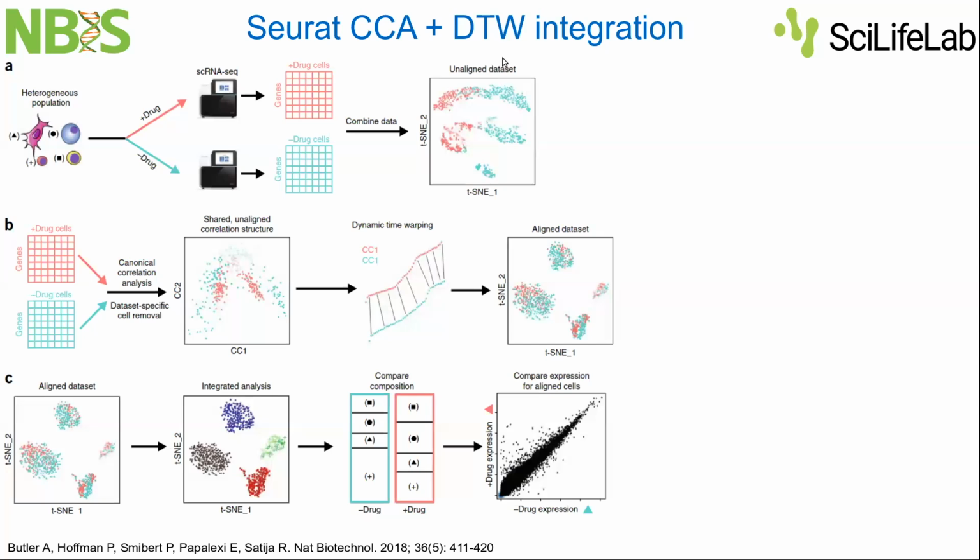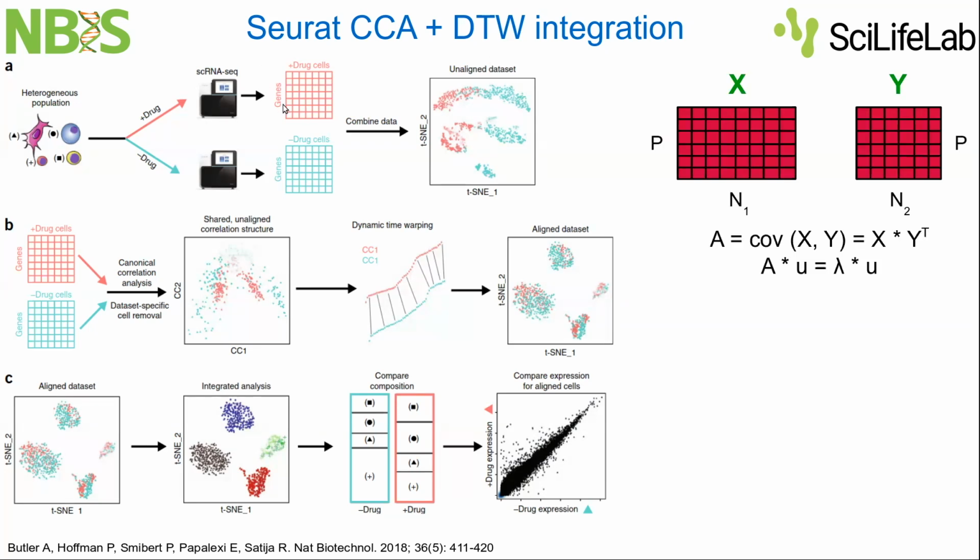And I add canonical correlation analysis plus dynamic time warping, because dynamic time warping was an essential step there. Essentially, what Seurat suggested is, if you have two matrices, you can always apply what is known as PLS, partial least squares regression, or canonical correlation analysis, which is almost a synonym for partial least squares regression. So it's the same thing.